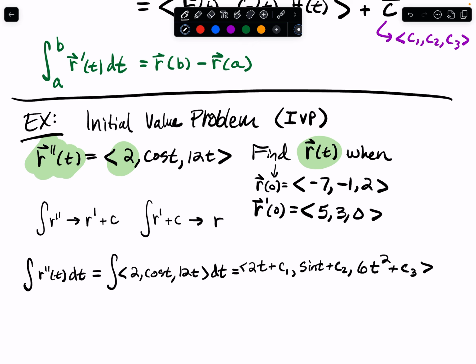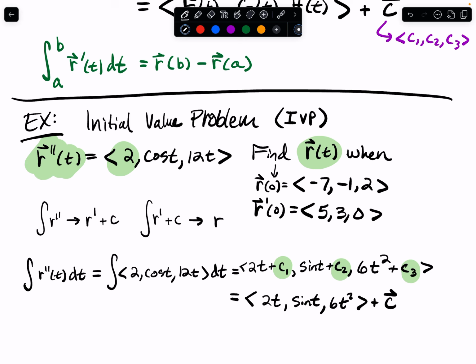Okay? So if I pull out that constant to make a constant vector, I'm going to have 2t, comma, sine of t, comma, 6t squared plus a c vector. Okay?